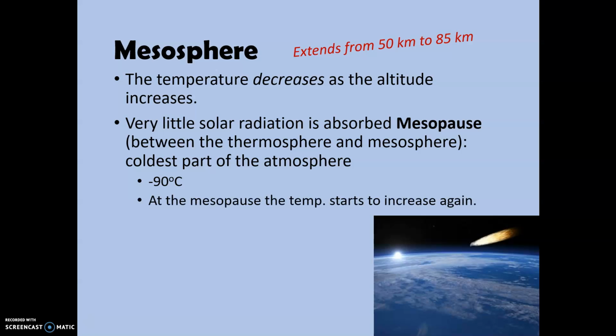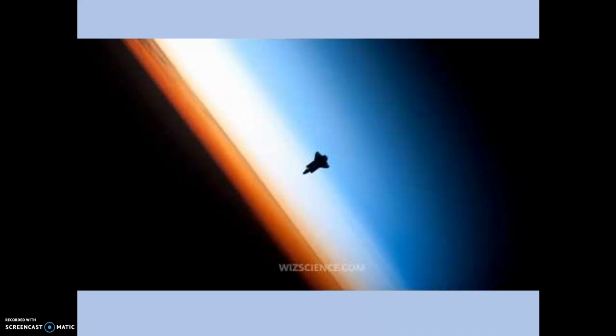And at the top, it actually starts to increase again because the concentrations of gases change sort of with each layer. The mesosphere is also where we see meteors burn up. So if you've ever seen a shooting star, you have seen space debris get burned up in the mesosphere. You actually have not seen a star at all. You've seen, again, space debris burning up as it tries to fly its way through the mesosphere.